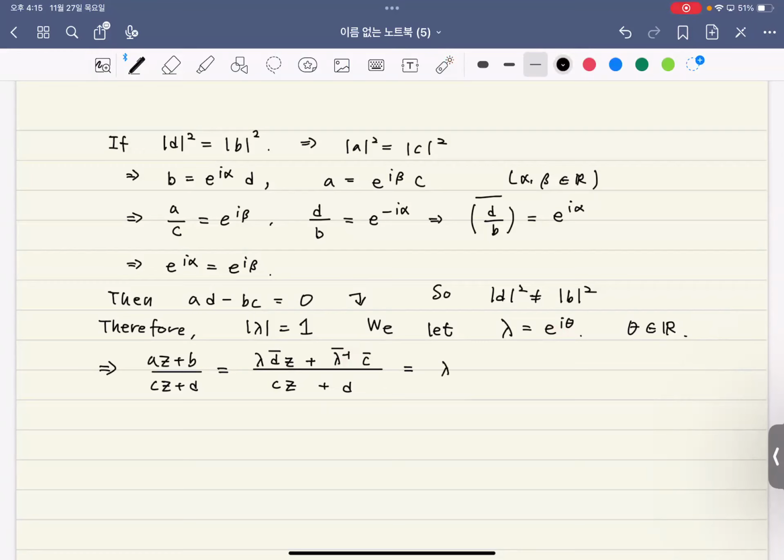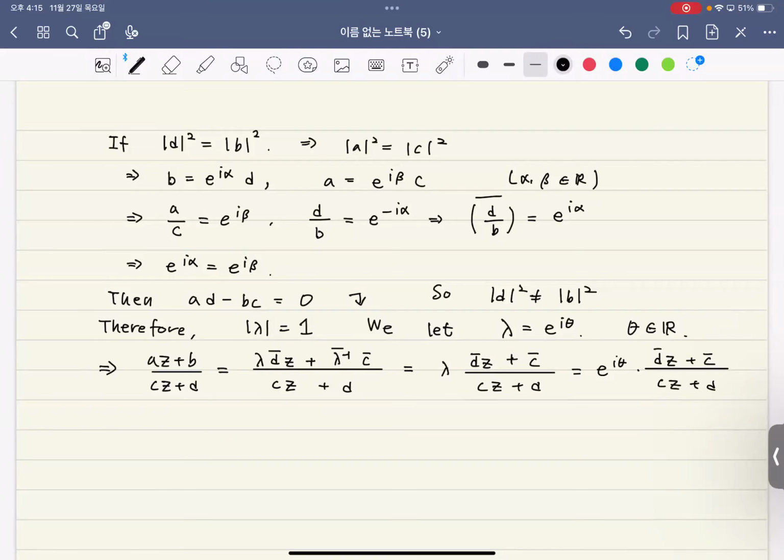So lambda times D bar Z plus C bar over CZ plus D, which is just e to the I theta times that expression.